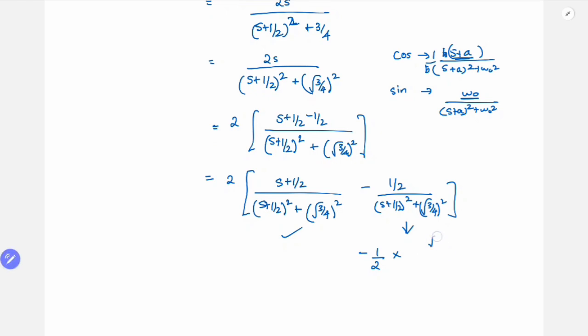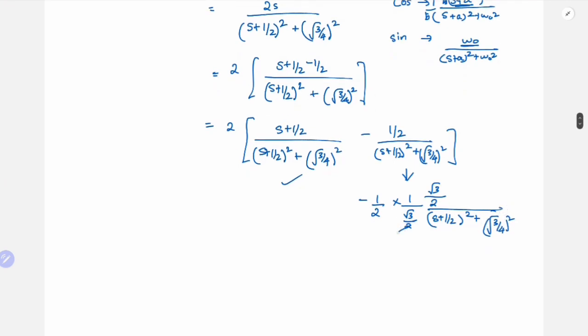Or I'll write it this way: root 3 by 2, I multiply and divide by root 3 by 2. So I need to divide 1 by root 3 by 2, and then I write the denominator as it is, root of 3 by 4 whole square.